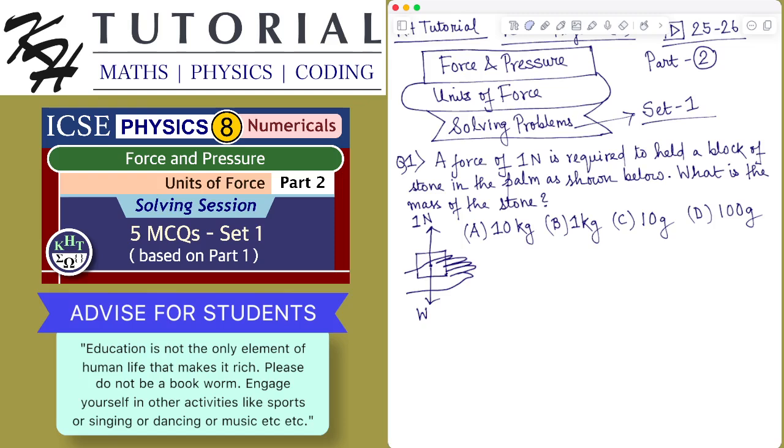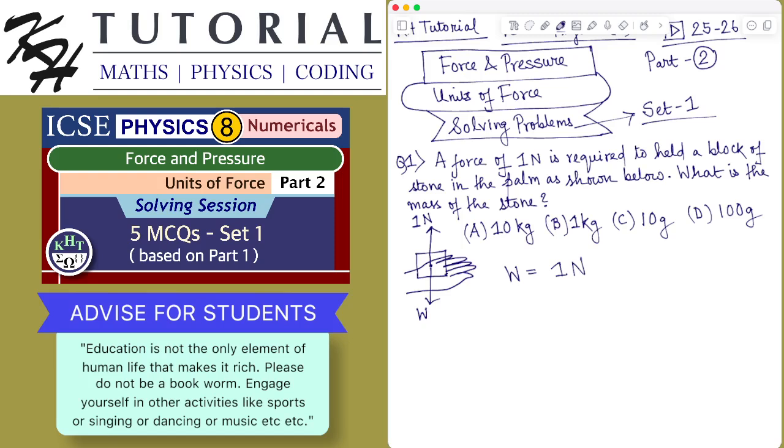So we must have W, the weight of the stone, equal to the force which is being applied by the palm to hold the stone, which is 1 Newton. Now, what is the weight of the stone?